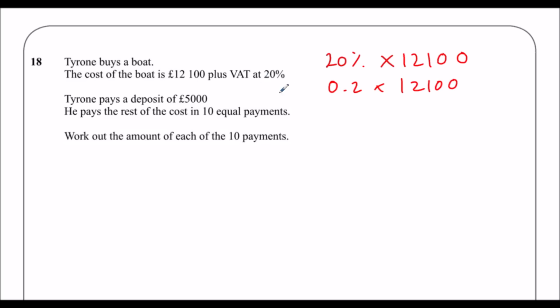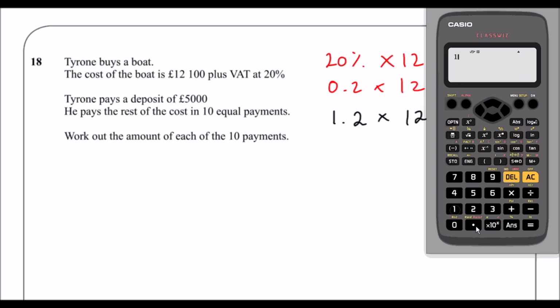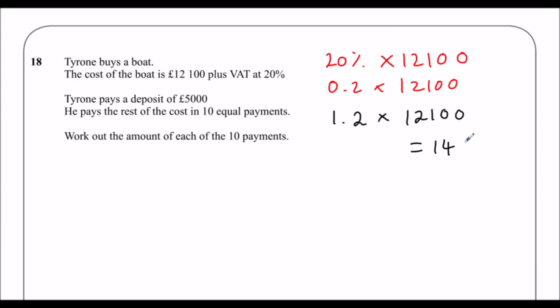Or an even quicker way would be to work out 120% of 12,100, which will be 100% plus the 20% in one calculation. So 1.2 times 12,100 is 14,520.